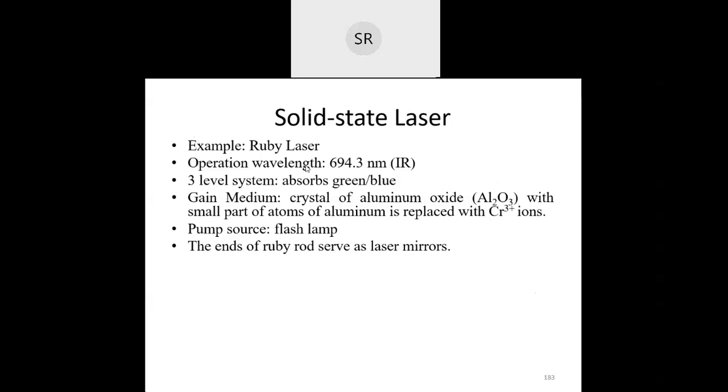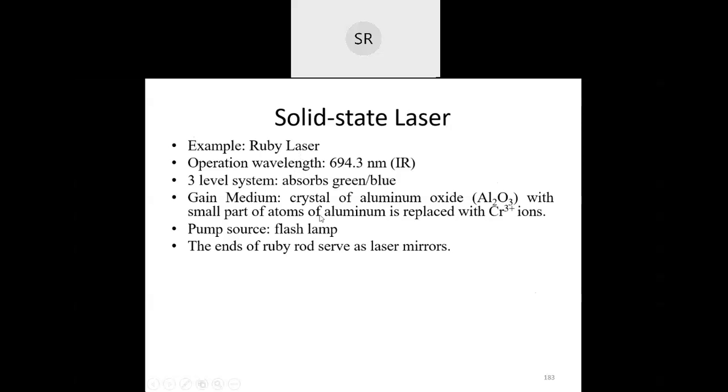The use is the same. These ruby masers or ruby lasers are manufactured using various gaseous materials. Different materials are used for developing these lasers or masers, and these devices are used over a broad range of frequencies.